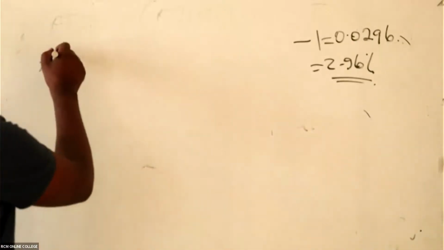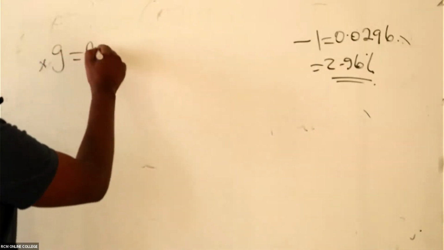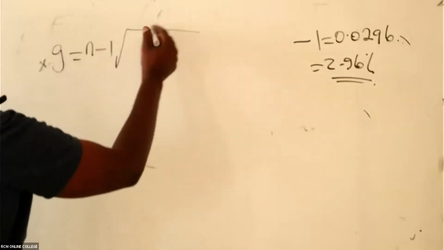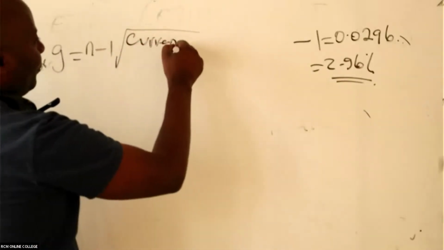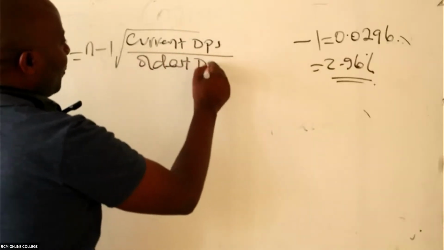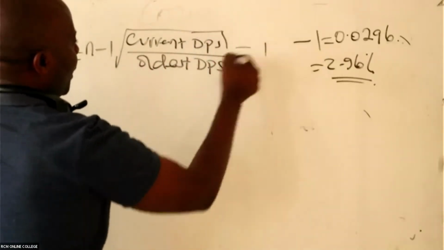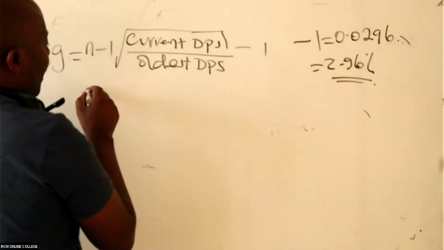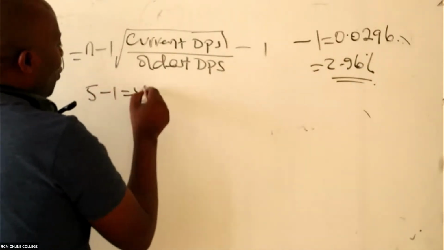So remember the formula for getting G is the n minus 1 root of current DPS over oldest DPS. Whatever we get, we take away 1. In this case we have 5 minus 1, which is 4.